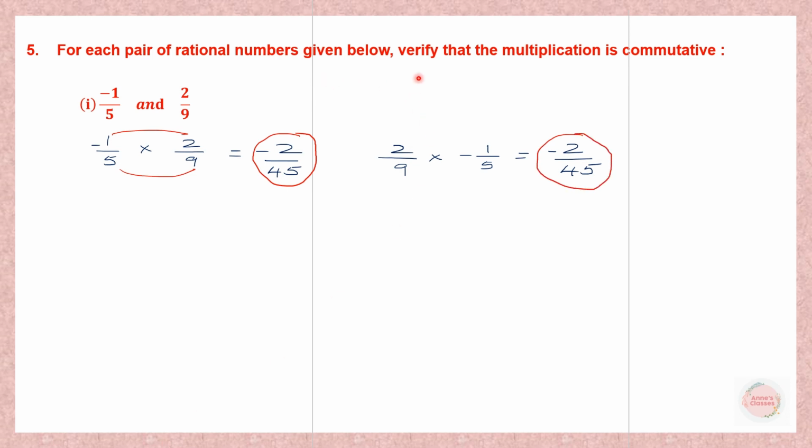That is, even if you change the order, if the answer is the same, then we have verified the commutative property of multiplication. So final answer, you should write it this way. Minus 1 by 5 into 2 by 9 is equal to 2 by 9 into minus 1 by 5. So even if the order changes, the answer is the same. So we have verified the commutative property.